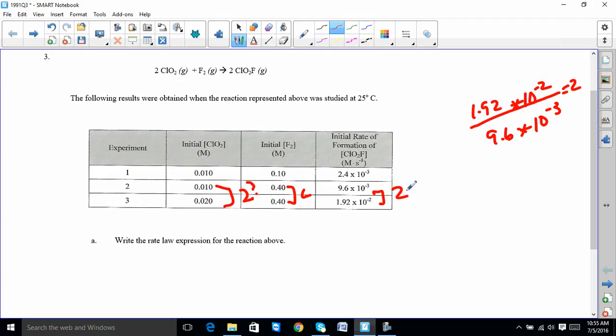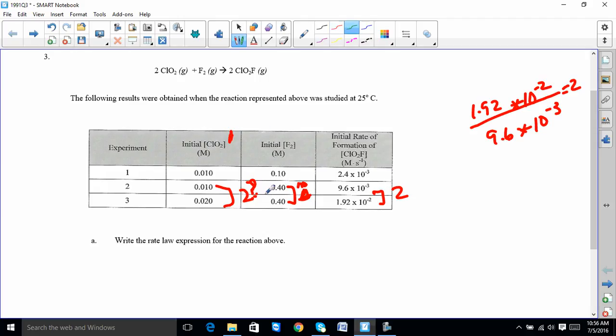So basically, you doubled the concentration of chlorine dioxide and left the fluorine concentration alone. There's no change, so if the rate changes, it has to be coming from this. When this doubled and this didn't change, the rate doubled. Order means exponent, so the order of the reaction with respect to chlorine dioxide is 1.